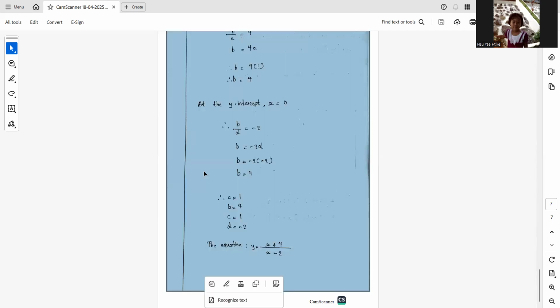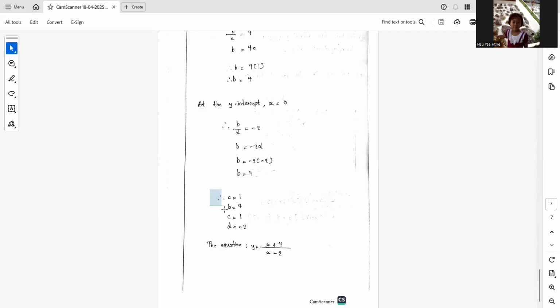So to conclude, we have the value of a is equal to 1, b is equal to 4, c is equal to 1, and d is equal to -2. So our final equation would be y is equal to (x plus 4) over (x minus 2).